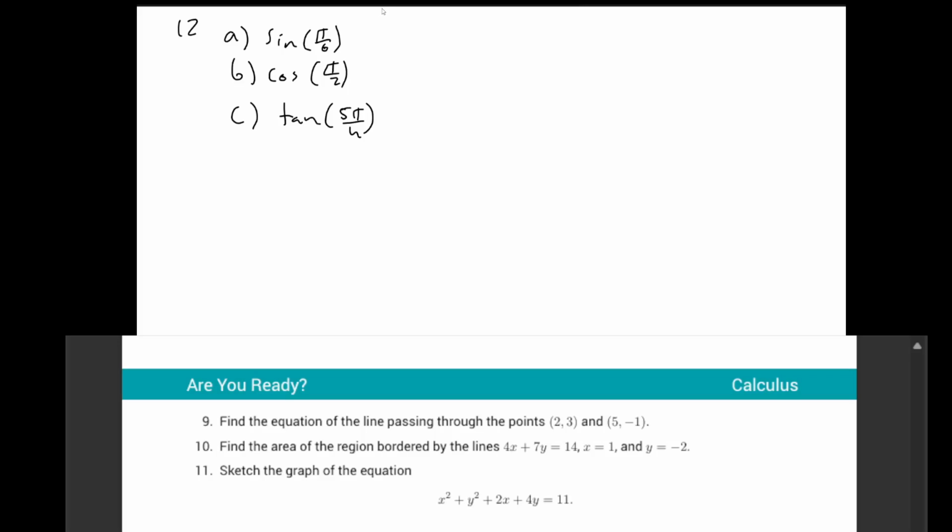You know what the savage move would be? If you were in calculus, it's just hit them up with pi over 6 minus (pi over 6) cubed over 3 factorial plus (pi over 6) to the 5th over 5 factorial minus dot dot dot.